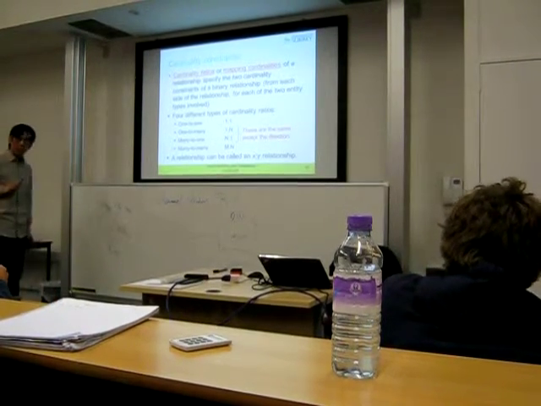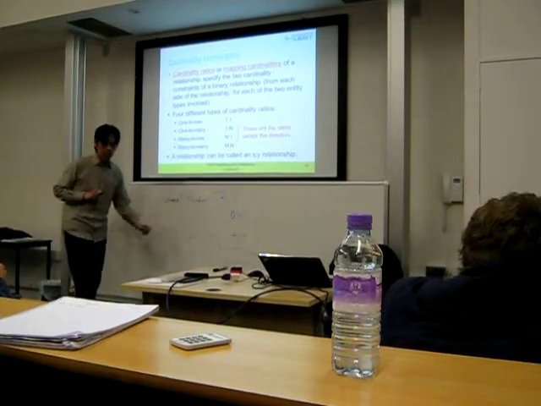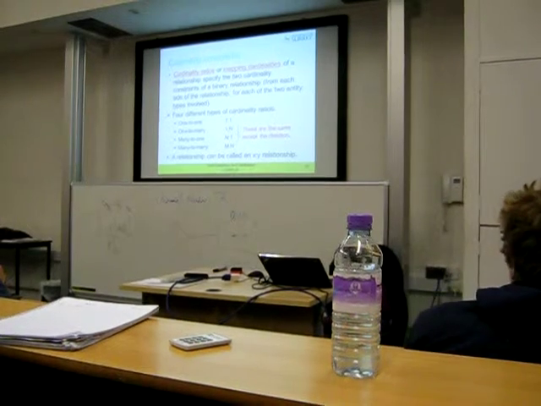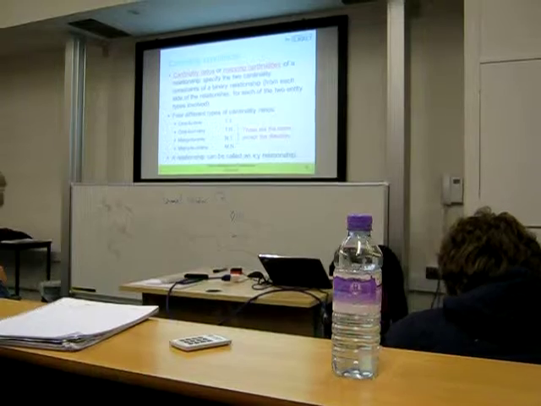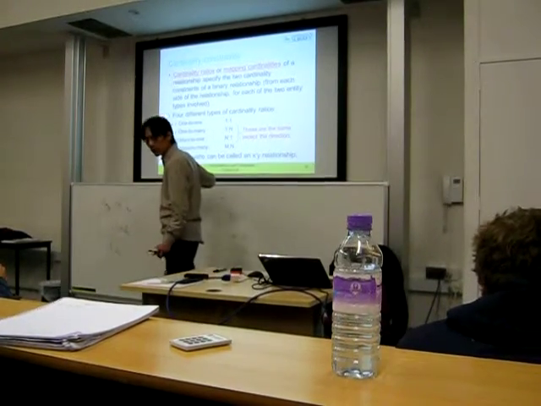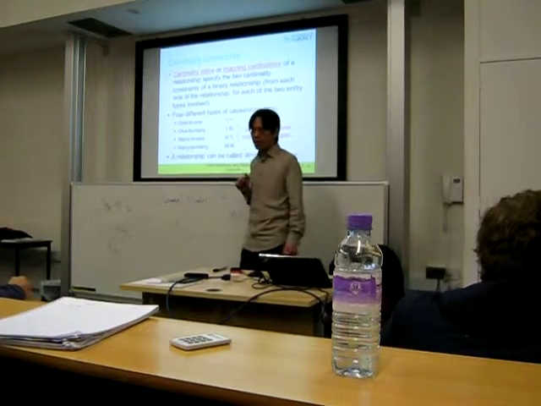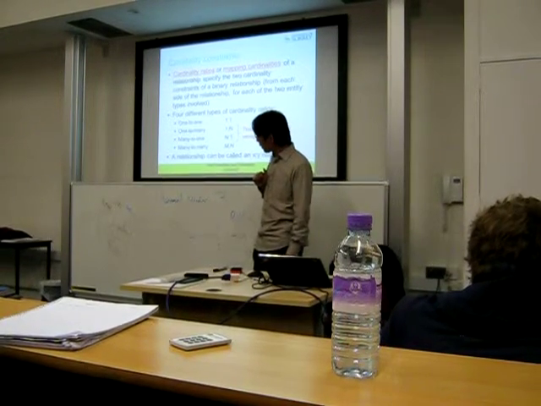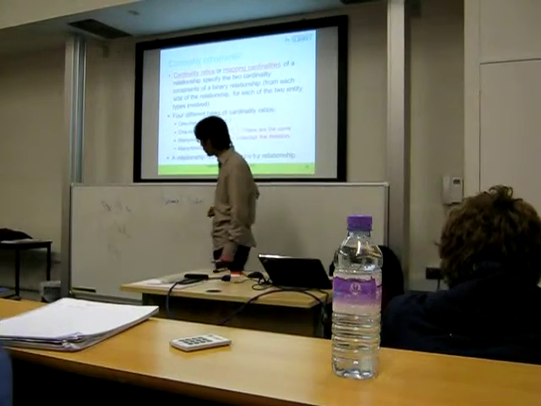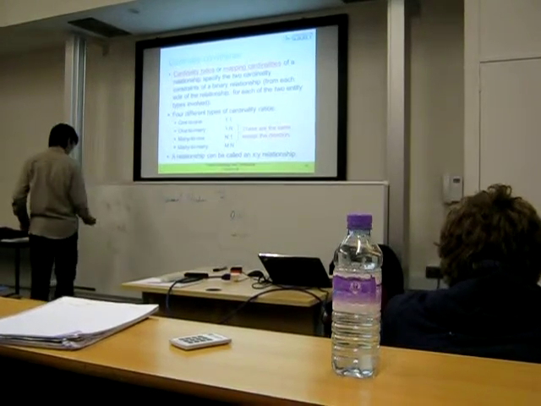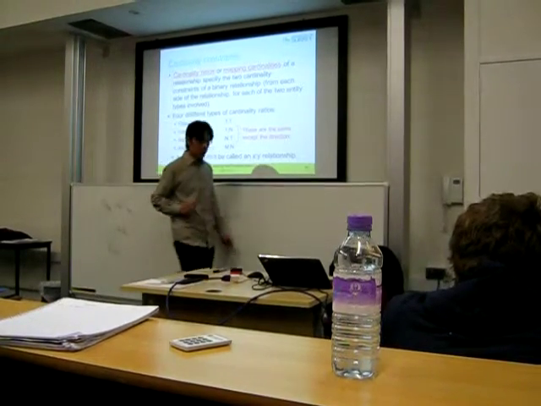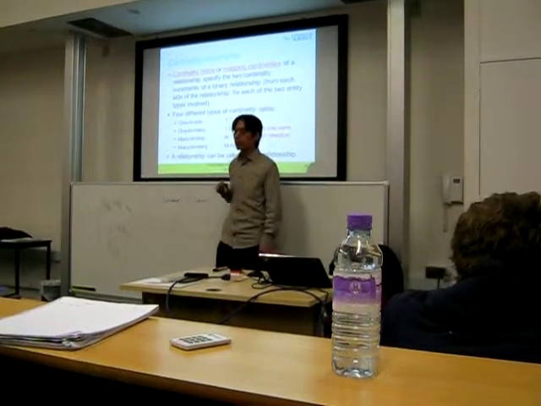So if you want to describe the relationship in a simpler way, we can use something called cardinality ratios or maximum cardinalities, which basically means the two cardinality constraints which you have. In this case, one to many. In the other case, one to one.